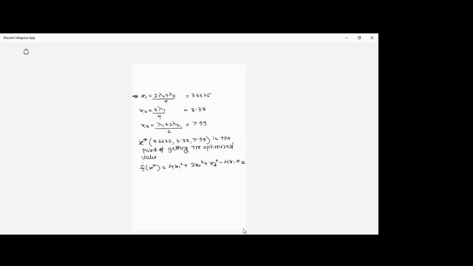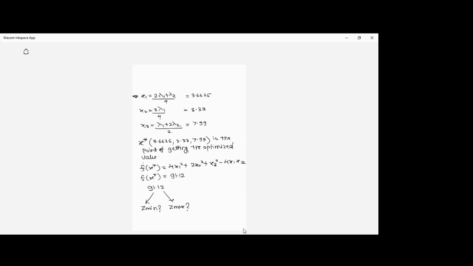So you can find out this f of x star. If you found it out, it is 91.12, right?